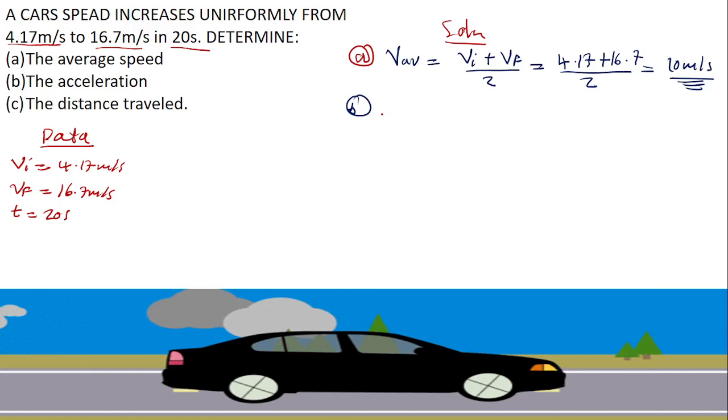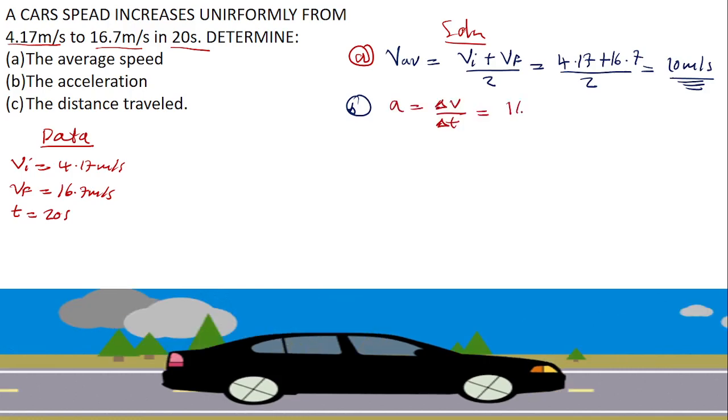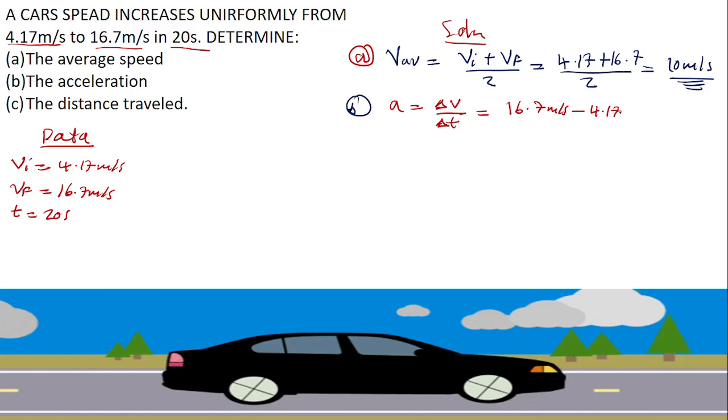In this case, we have the final velocity, 16.7 meters per second, minus 4.17 meters per second, over the time we have been given, which is 20 seconds. If you work out the calculations, the answer will simply be 0.63 meters per second squared.